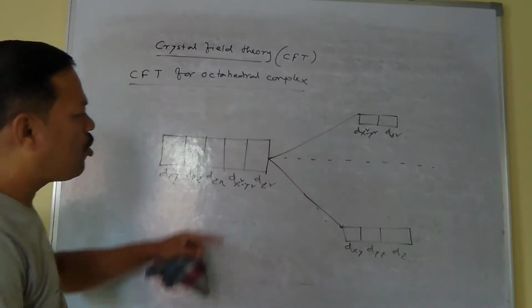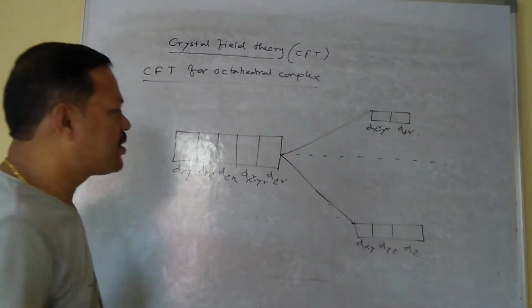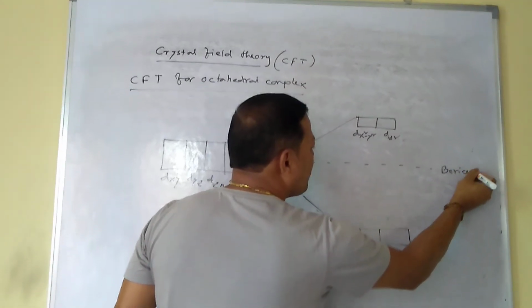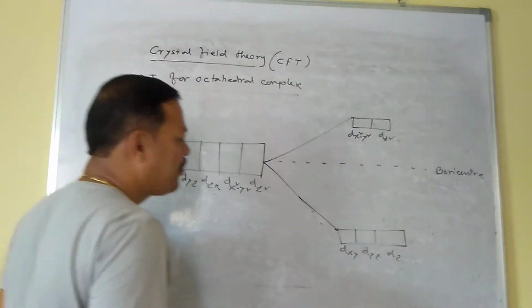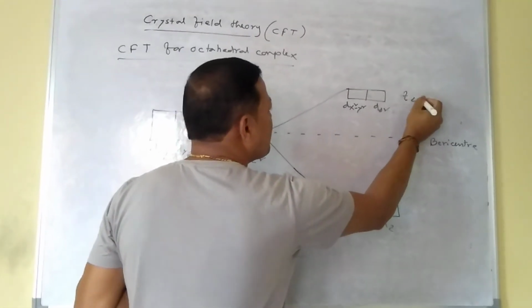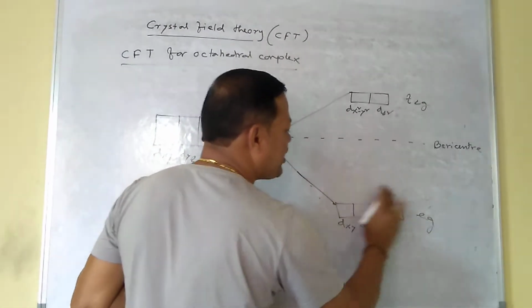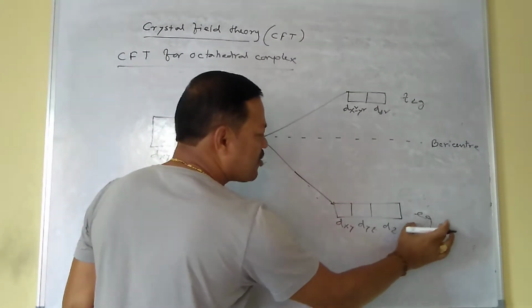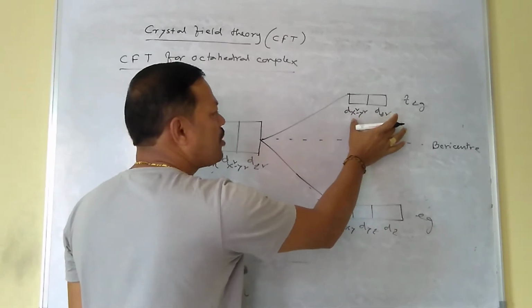In this way the orbitals get split into 2 series. This intermediate level is called the barycenter. One series is called the t2g series and the other is called the eg series.